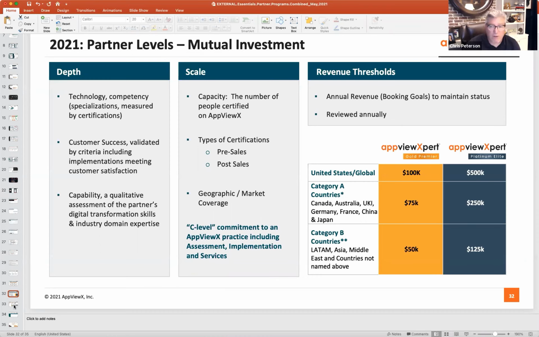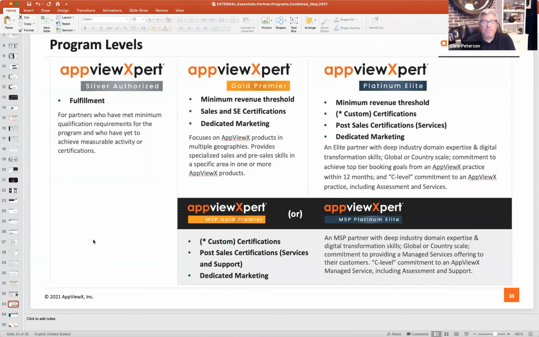So an easier slide to look at is this one. And this shows you exactly what we value to move a partner to gold or platinum. Again, based on discussions that we'll have with you, we may grandfather you directly into the gold program.